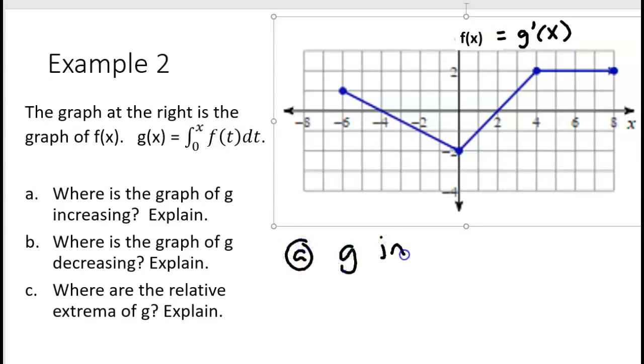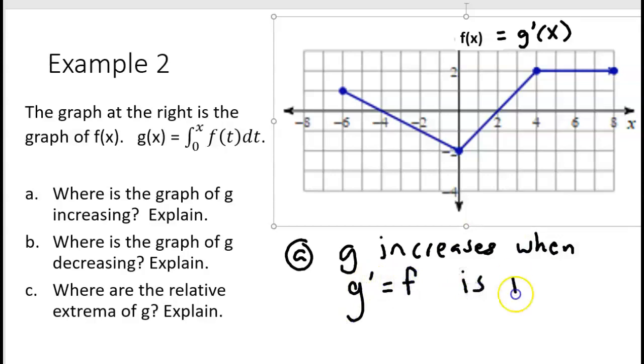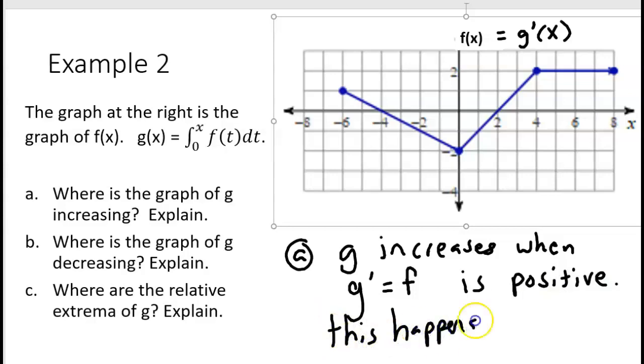Well, g increases when g prime, which is the same thing as f, is positive. This happens where? Well, anytime this function here is above the x-axis, that would mean it's positive.